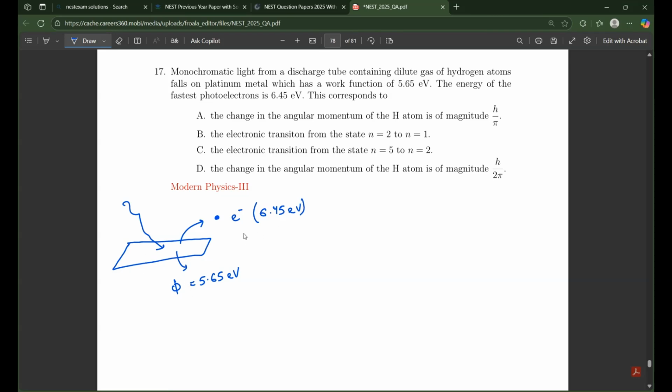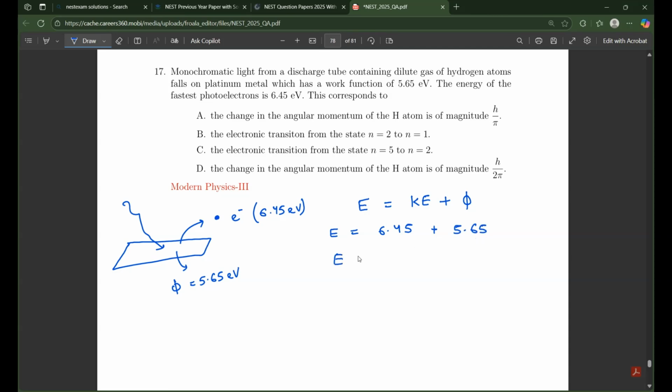So now by Einstein photoelectric effect, we know that net incident energy E is equal to the kinetic energy of emitted electron plus the work function of the metal. So net energy of the incident photon of monochromatic light is kinetic energy of electron, that is 6.45 electron volt plus 5.65 electron volt.